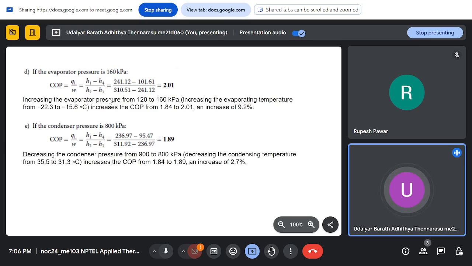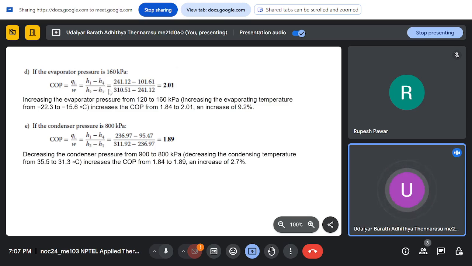Doing so, your H1 will be 241.12 and H4 will be 101.61. So with that, the COP will again be H1 minus H4 divided by H2 minus H1. So that's what we did. We found QL and W separately, so we are straight away finding the COP. Substituting these new H1 and H4 values, it will come out to be 2.01.